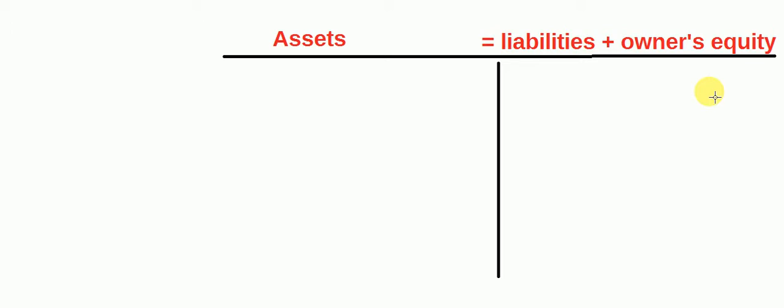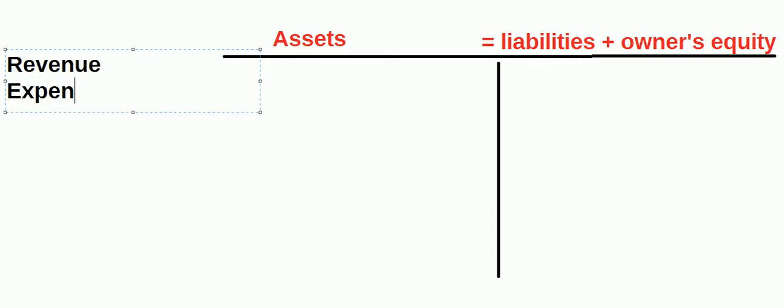So when I say owner's equity being affected, I am referring to revenue or expense. Alright?